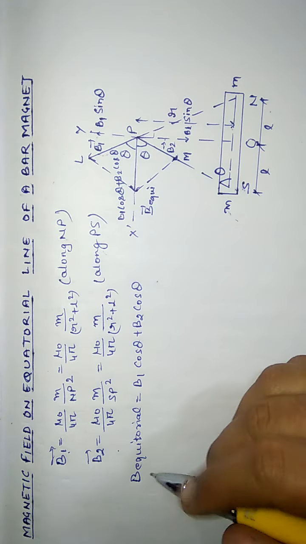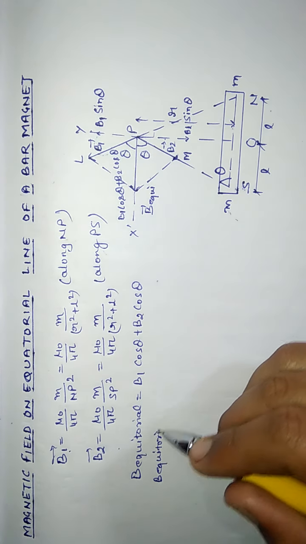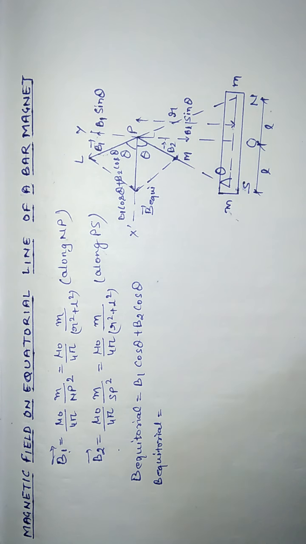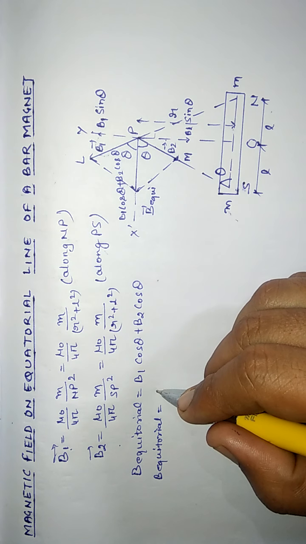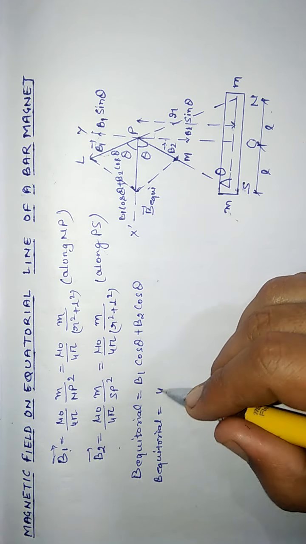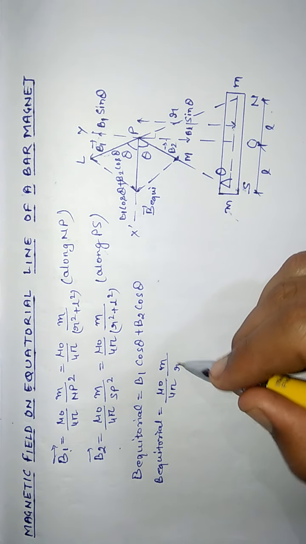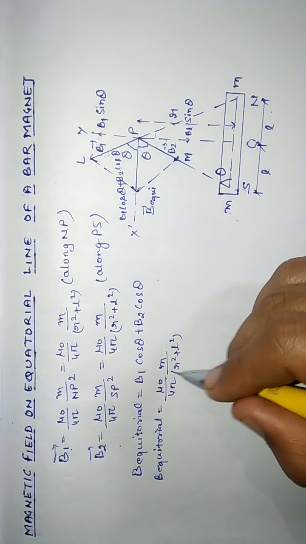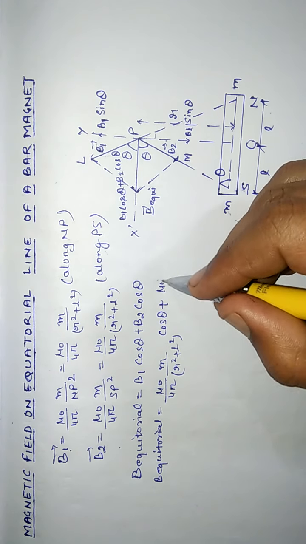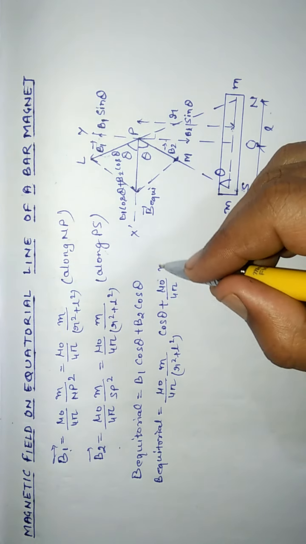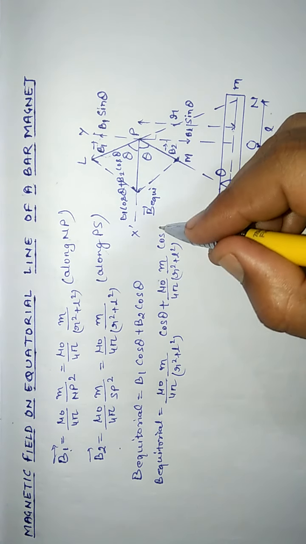Now B equatorial is equal to the value of B1, mu naught upon 4 pi m upon r square plus l square into cos theta, and the value of B2 is also mu naught upon 4 pi m upon r square plus l square into cos theta.